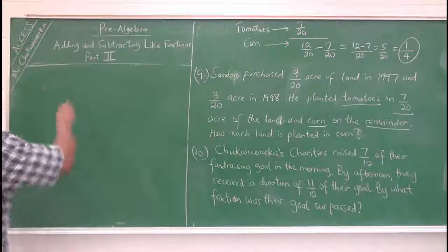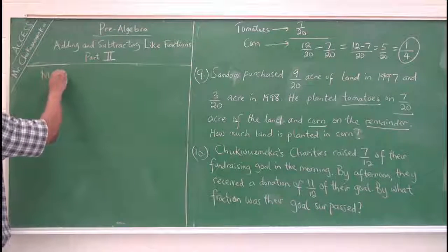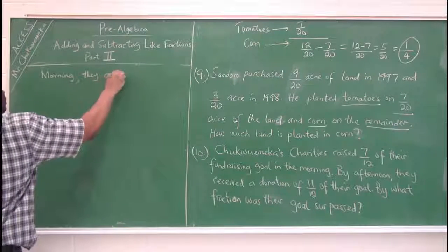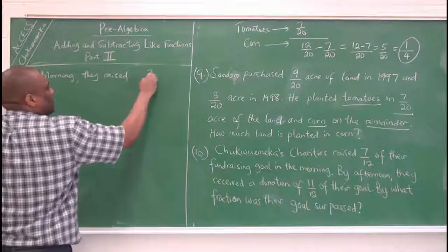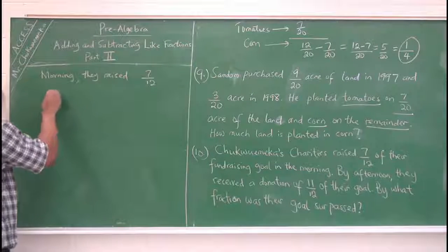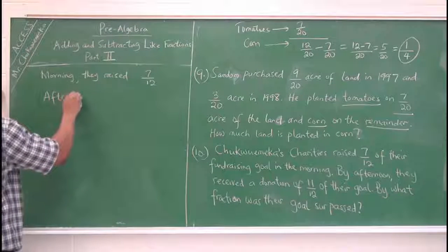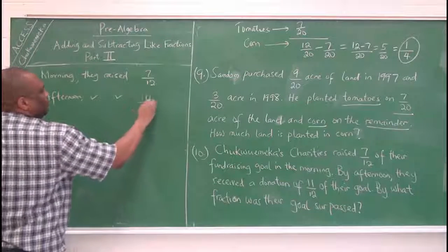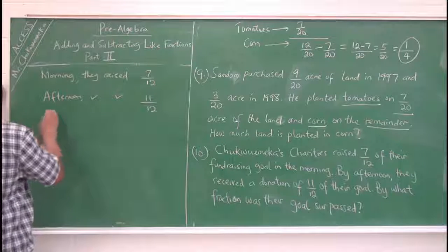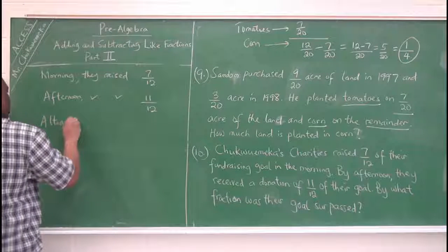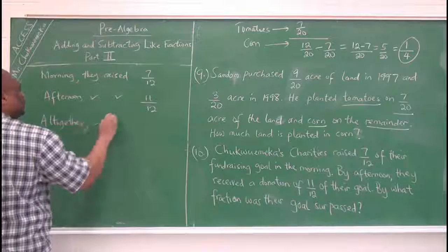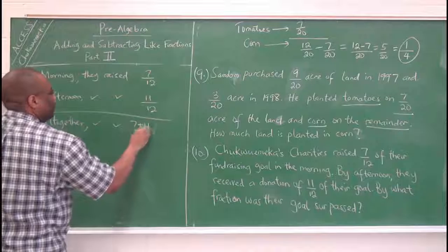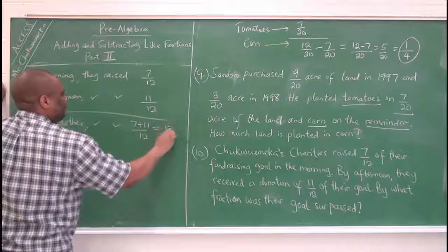So in the morning, they raised 7 out of 12 of their goal. In the afternoon, they raised 11 out of 12 of their goal. So altogether, they met 7 plus 11 out of 12, which is 18 out of 12 of their goal.